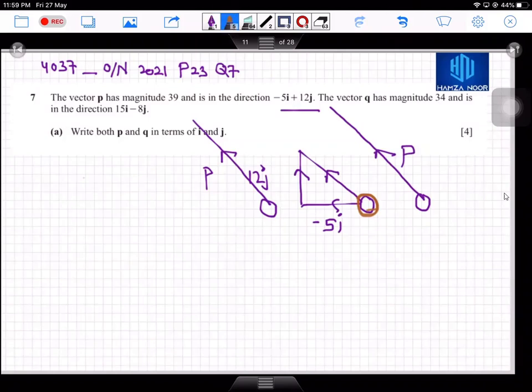It is on the same line, but it has a different magnitude. In all of these cases, vector P is a scalar multiple of the vector minus 5i plus 12j. As simple as that.